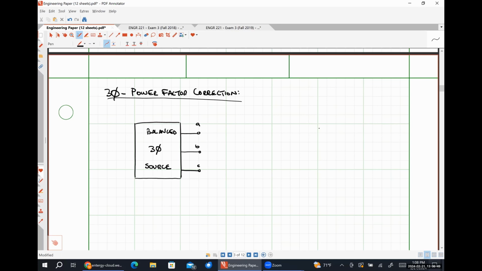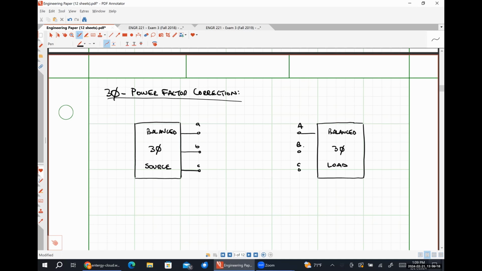Then over here on the right-hand side, making sure to give myself plenty of room, I'm going to put a balanced three-phase load. Here are the A phase, B phase, and C phase terminals of said load. Now I'm going to connect these together with transmission lines where I'm not going to bother about any impedance for right now. Okay.